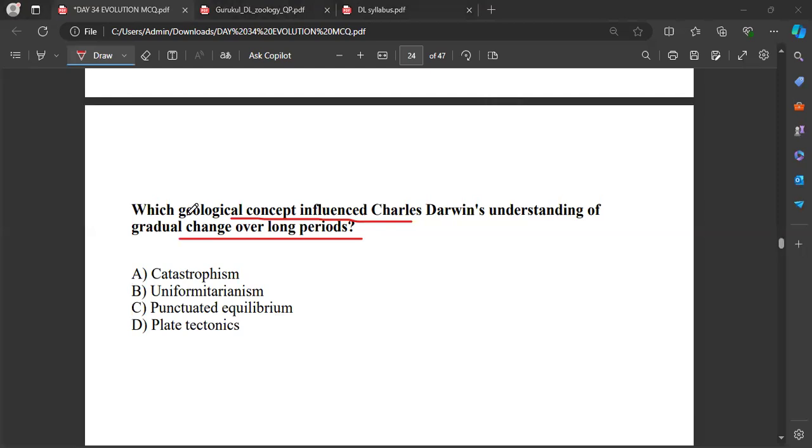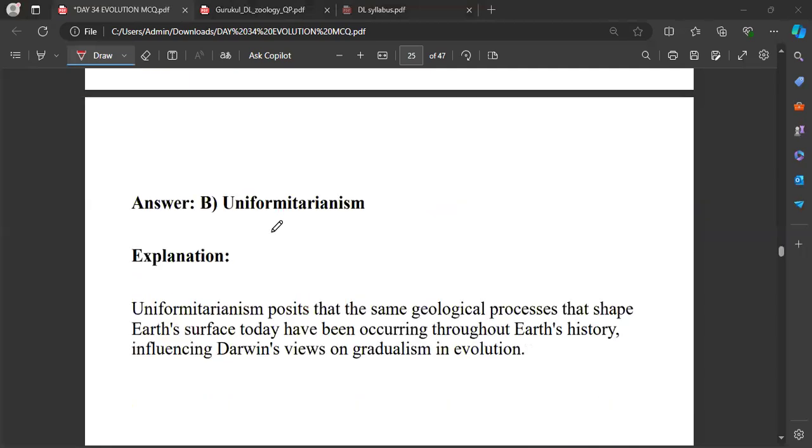Here, that will be gradual change over a longer period, and that concept is influencing Charles Darwin's understanding. What is that? That will be uniformitarianism. Why?